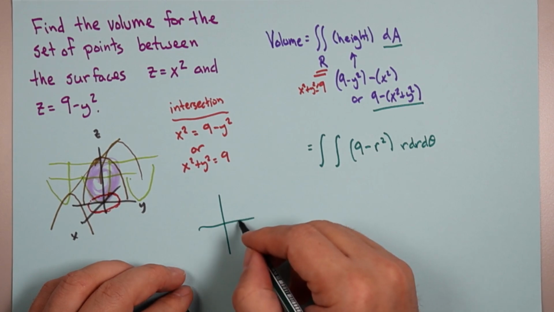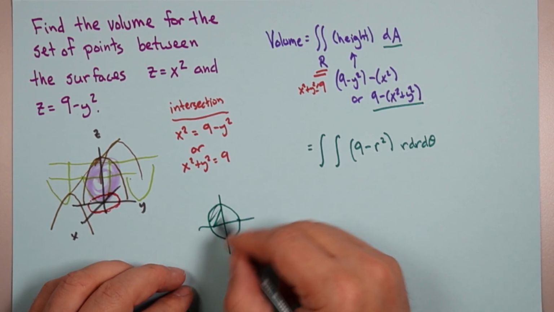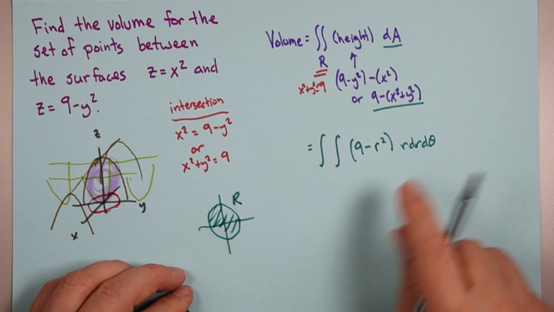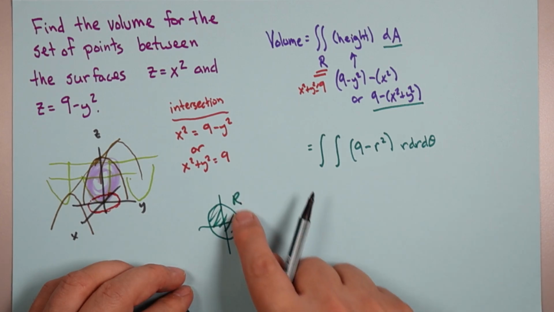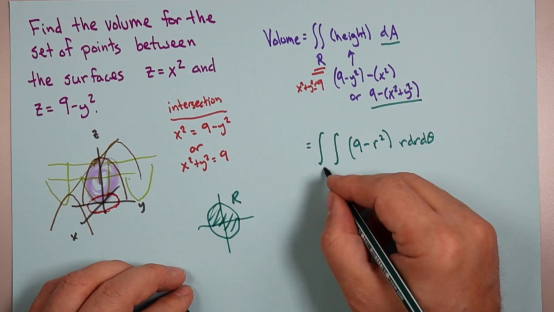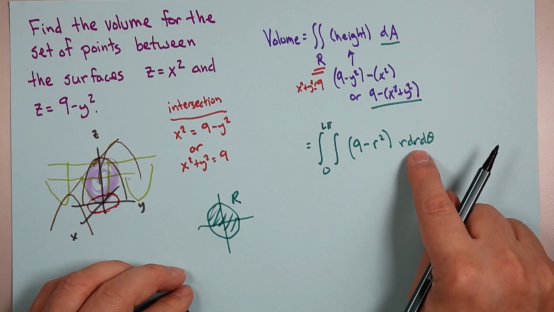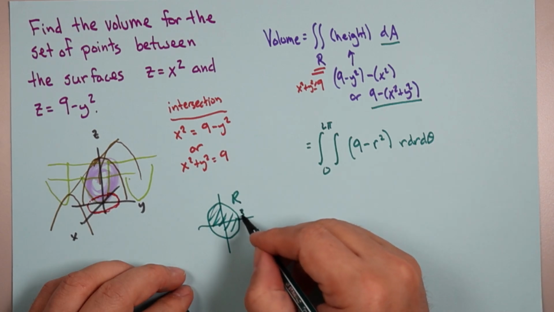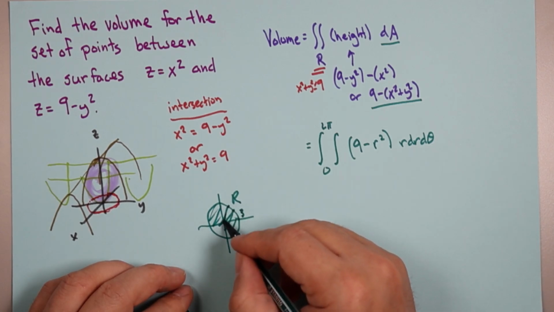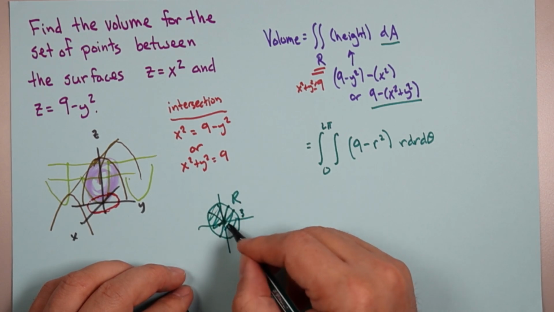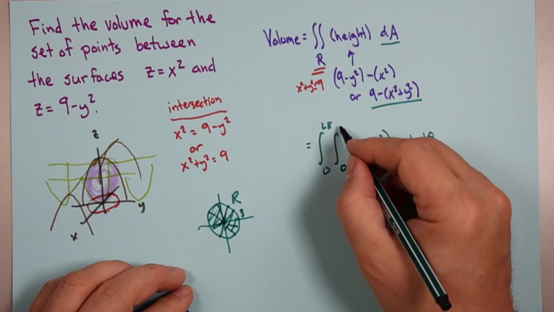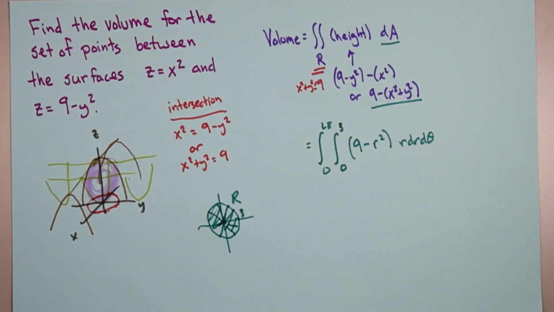So function times dA. What about our bounds? Well, there's our region R. Where does theta go between? All the way around, 0 to 2 pi. Where does r go between? Well, it's a circle of radius 3, so we're always going out to the circle, so r goes from 0 to 3. All right, so now we're ready.